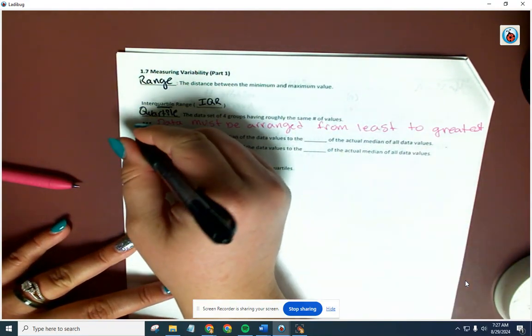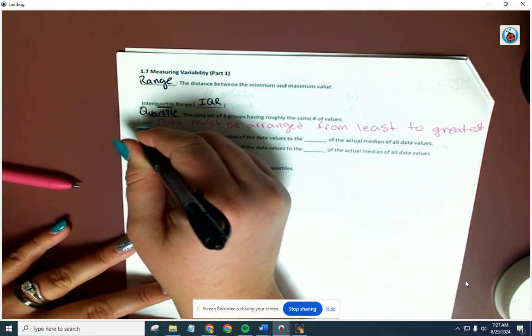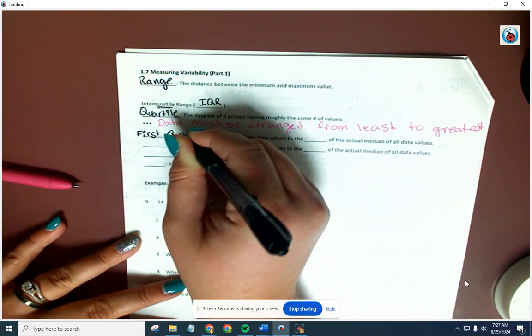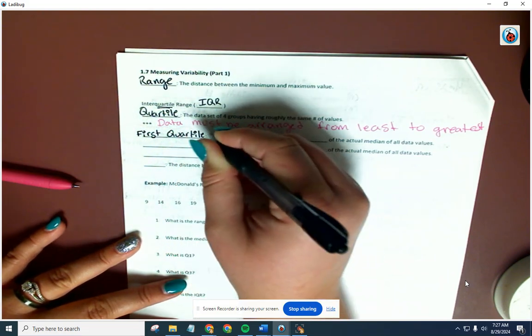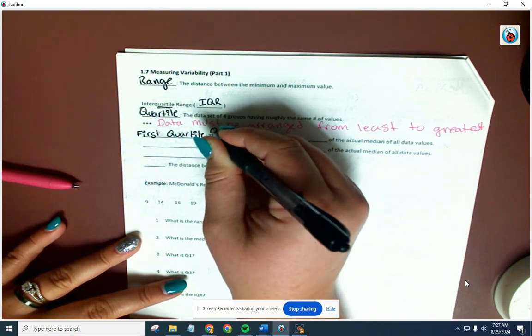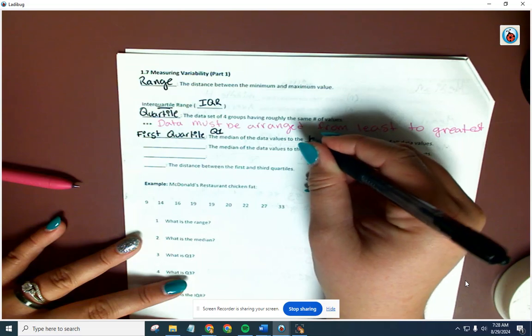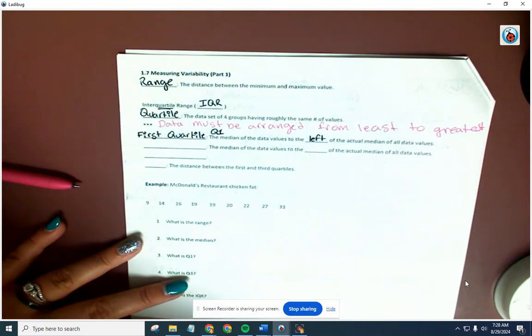Then the next thing that we're going to look at is the first quartile, also known as Q1, is the median of data values to the left of the actual median of all the data values.